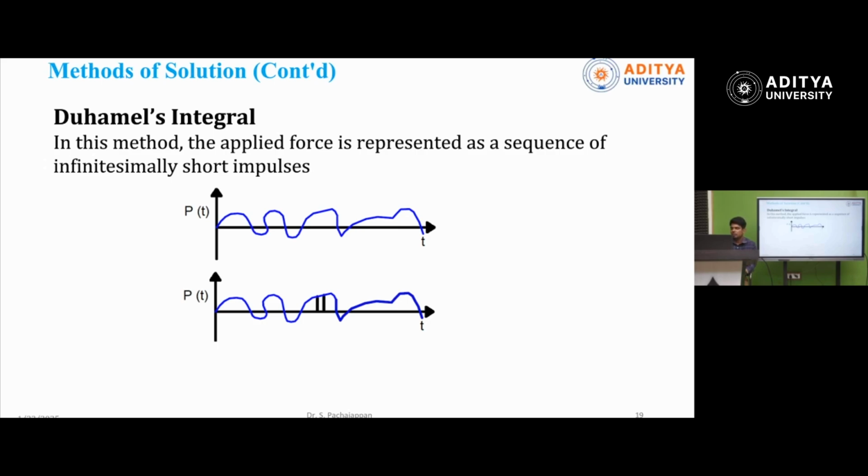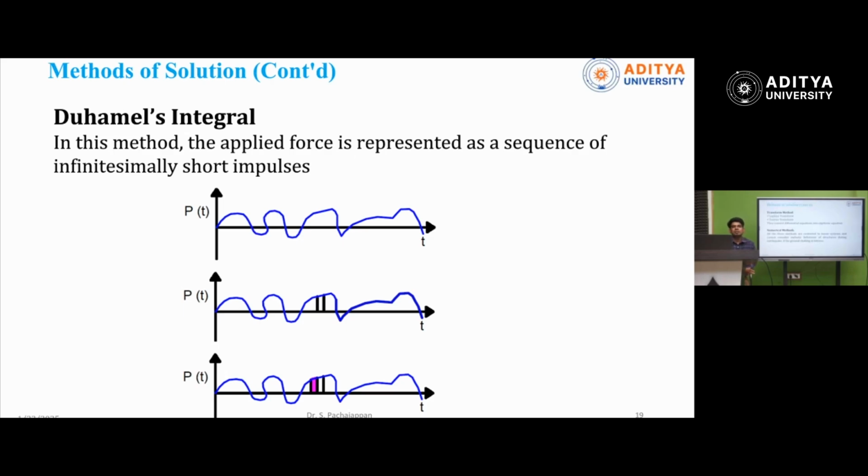In the second diagram, in the load graph itself, they are going to consider 1 unit of impulse. Integrating that unit impulse and then integrating along the time frame, we are going to get the total response.